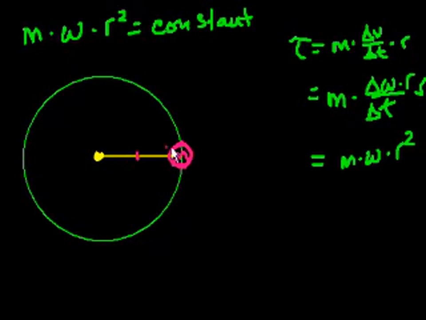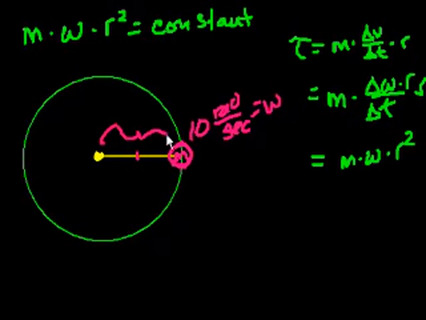Well, anyway. So let's say that this object is spinning around at some rate. Let's say it's spinning around at, oh, I don't know, 10 radians a second. That's its angular velocity. And let's say right now its rotational distance is, I don't know, let's say it's 10 feet.